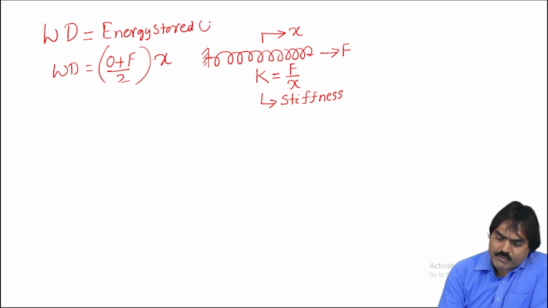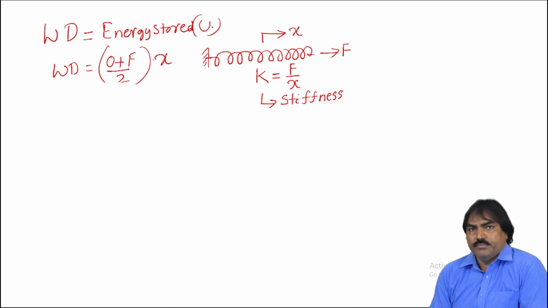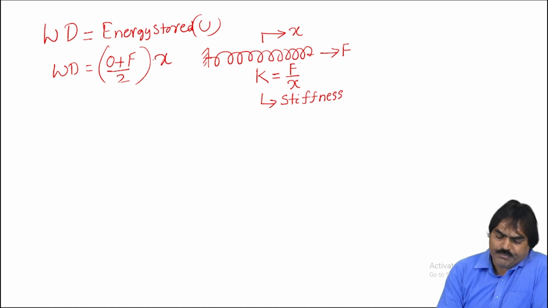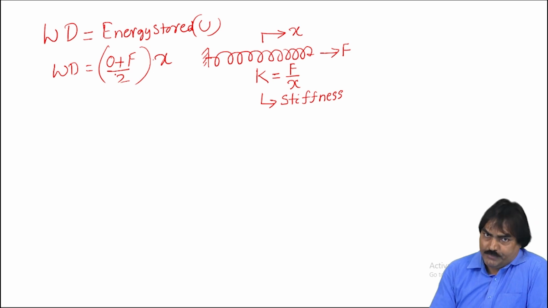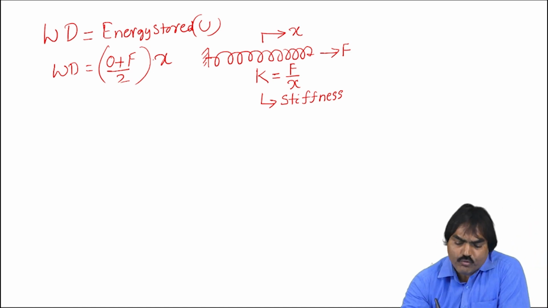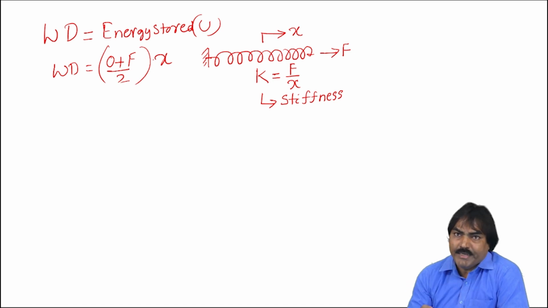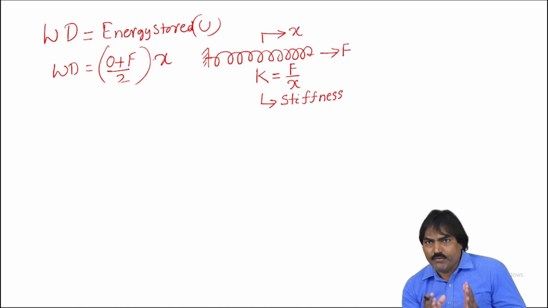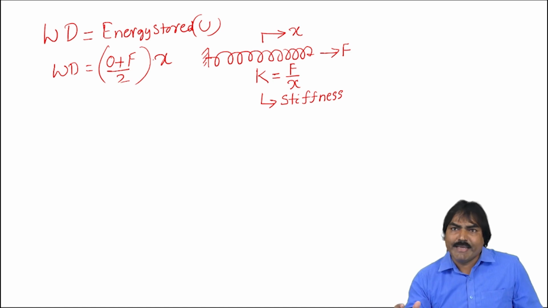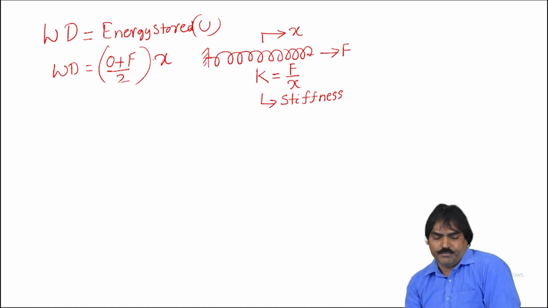If there is no loss of energy, the work done will be stored in the structure as internal strain energy. Once you remove the load, the stored internal energy will be relieved. In the process of relieving the energy, the spring will be taken back to the initial position.